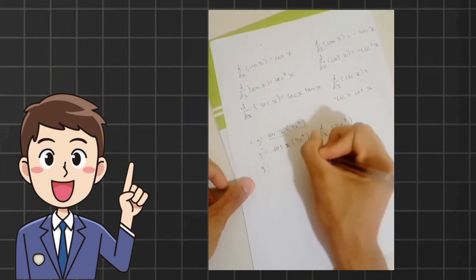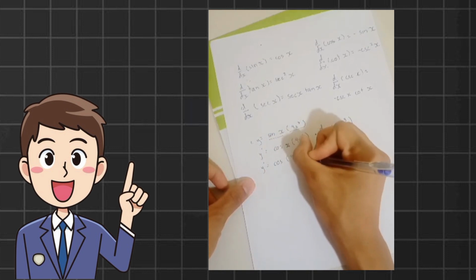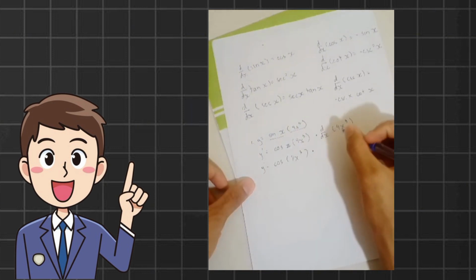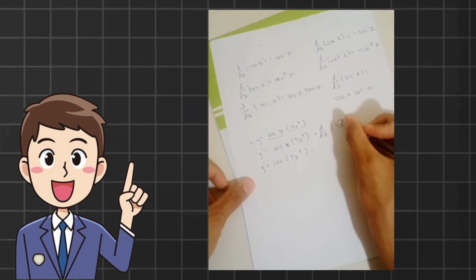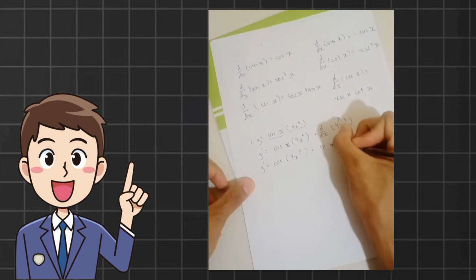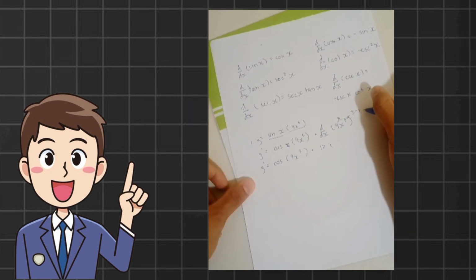Y prime is equal to cosine of 4x cubed multiplied by the derivative of this, which is 4 times 3, or 12, and the exponent minus 1 gives x squared.